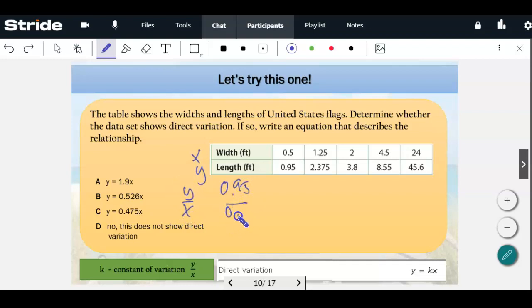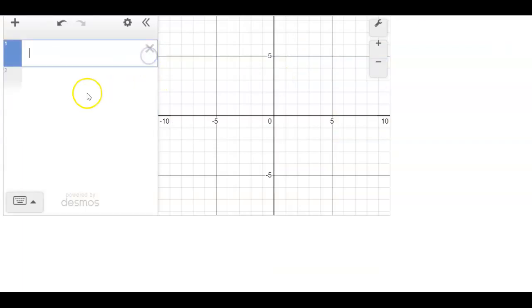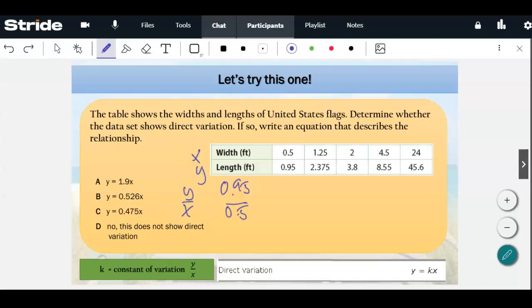So this one, 0.95 divided by 0.5 is 1.9.